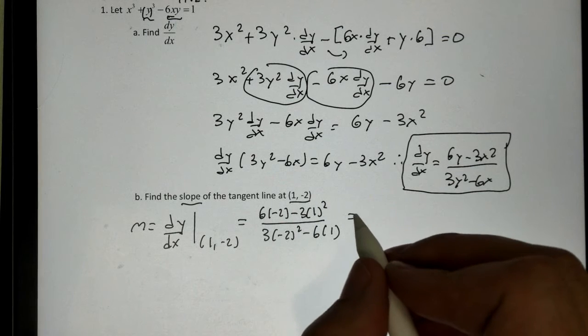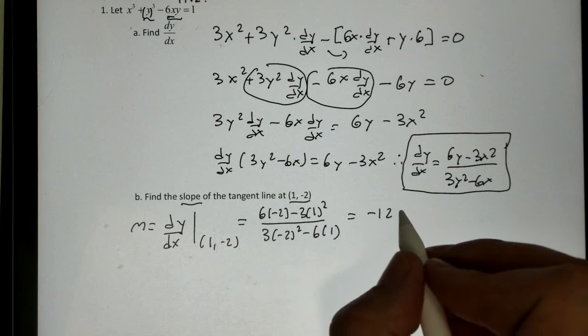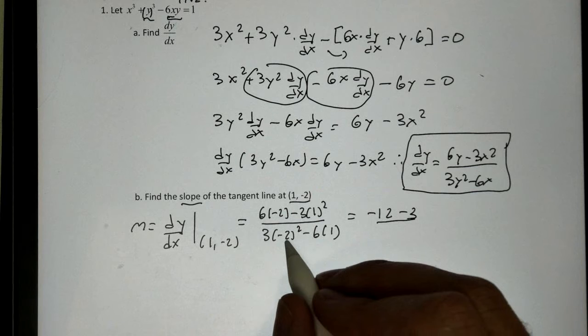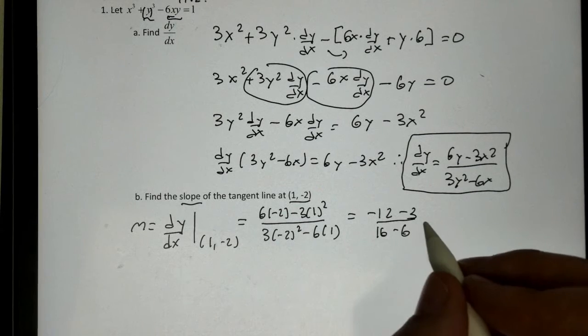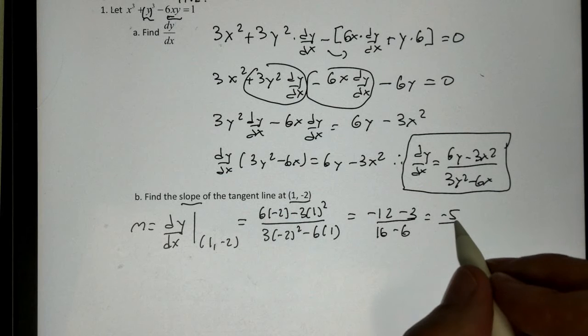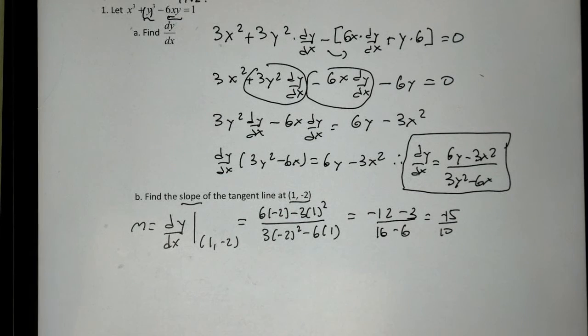I'll clean it up a little bit. This just becomes negative 12 minus 3. On the bottom, that becomes 12 minus 6, so we get negative 15 over 10. And there's your slope. You can clean that up if you like.